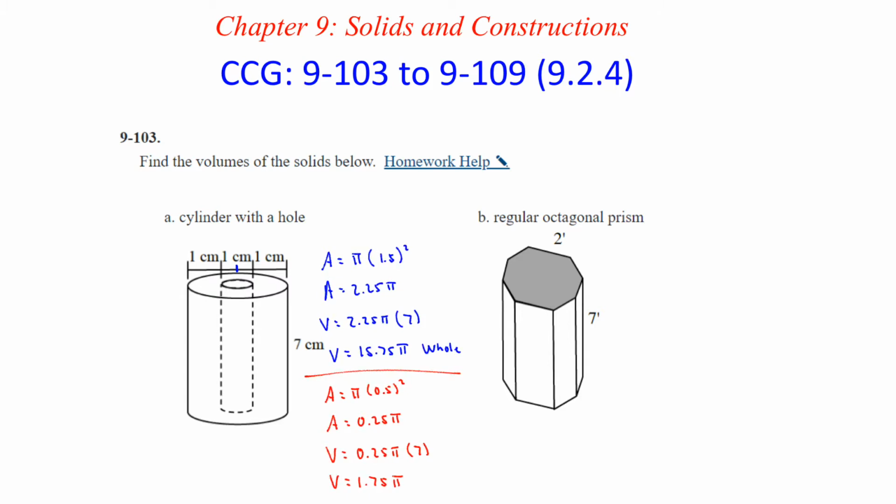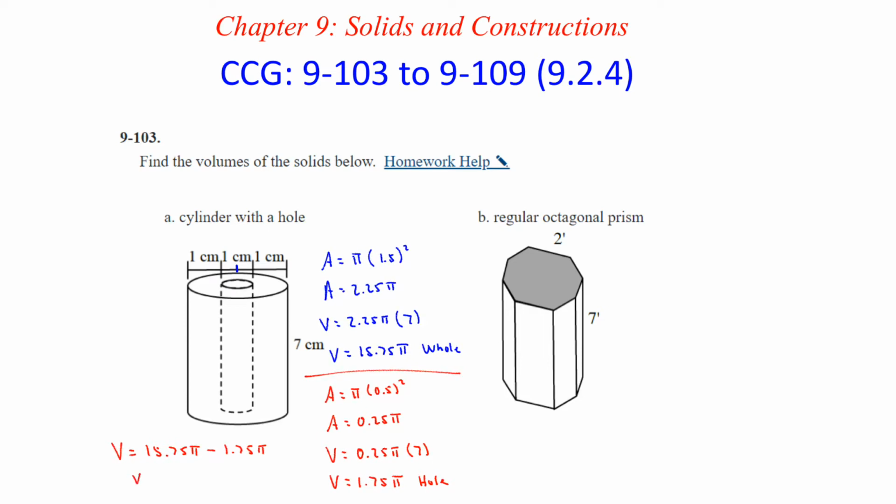And so now we have the whole volume and then the hole's volume, so we'll take those two and subtract them. So this will be the volume of the entire thing that we're looking for. So this will be 15.75 pi minus 1.75 pi.